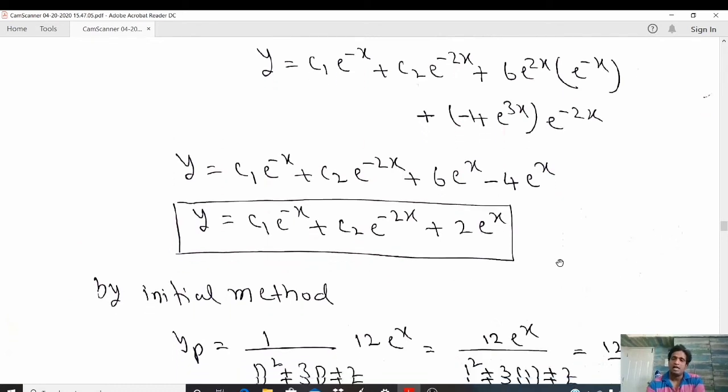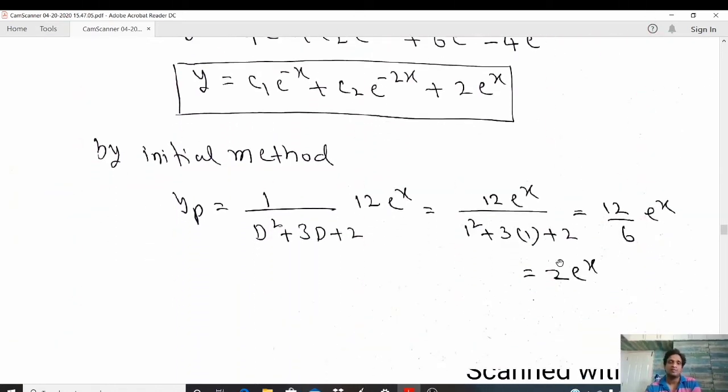Okay. Here I have mentioned the initial method. That means in the previous units, we also found how to find yp for 12 e power x, that is 1 by d square plus 3d plus 2. Whenever q is equal to e power ax, we substitute d is equal to a, if and only if it is not equal to 0.